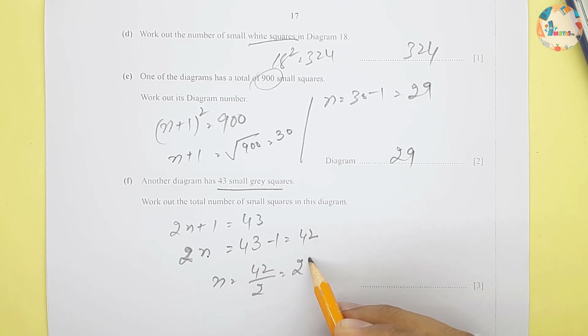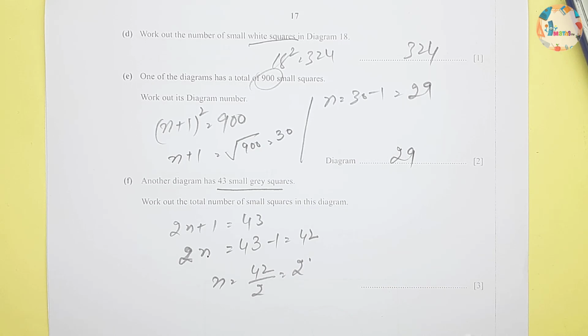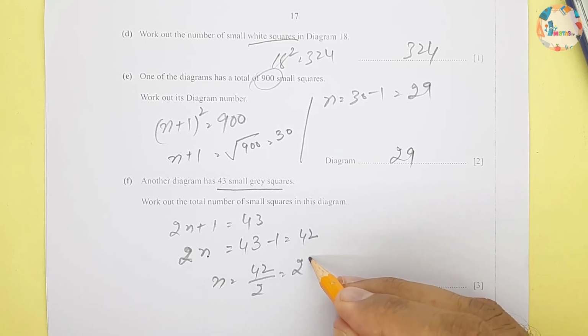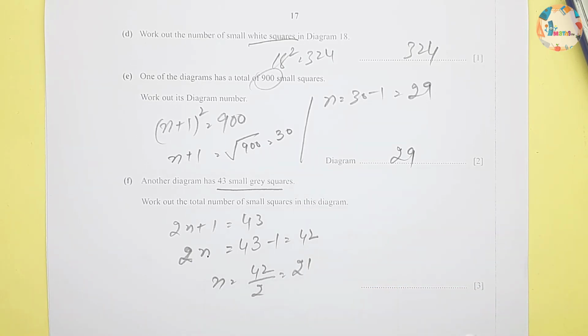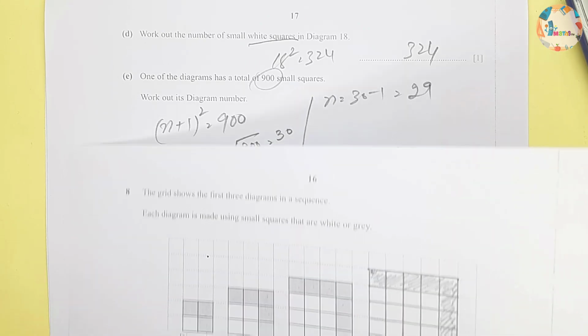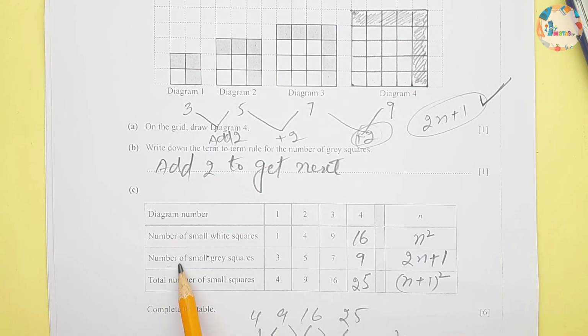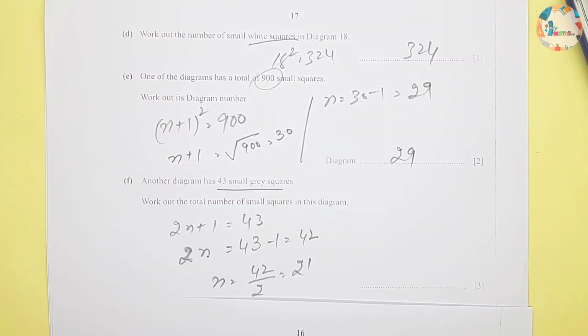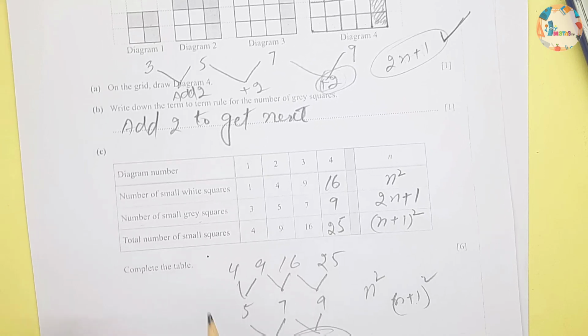Basically, they are asking us to work out the total number of small squares in the drawing. So n will be 21, but we need the total number of small squares, and for that we have the formula n plus 1 square.